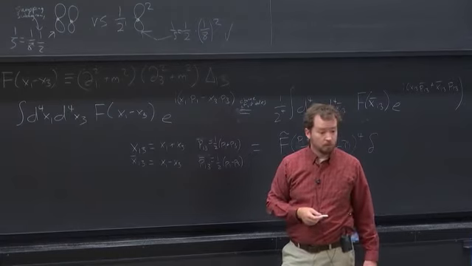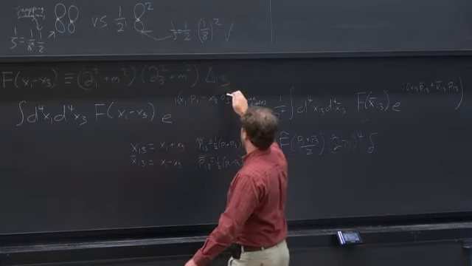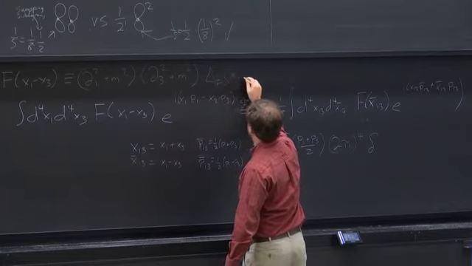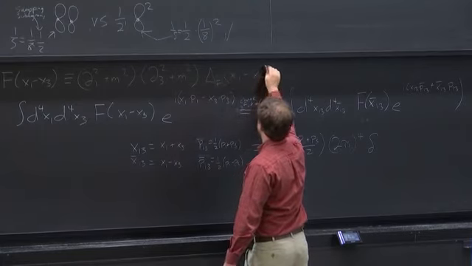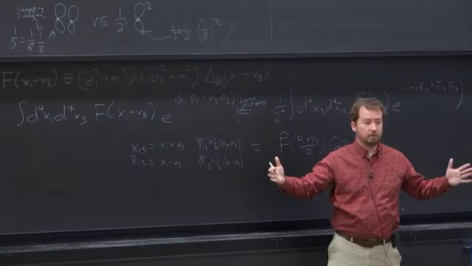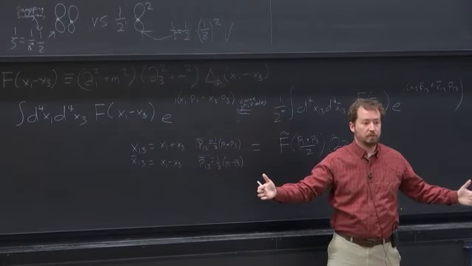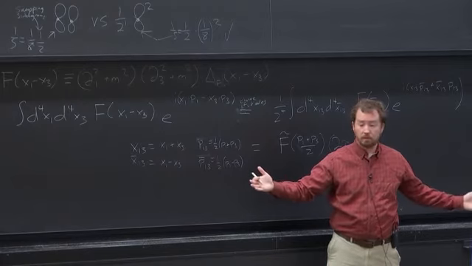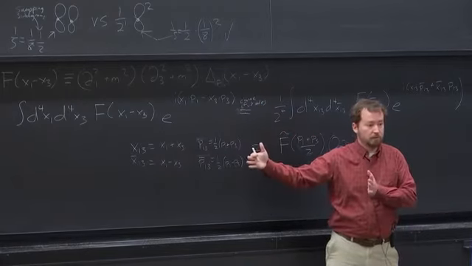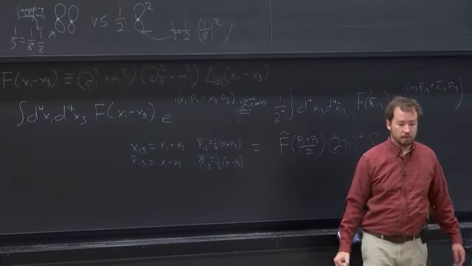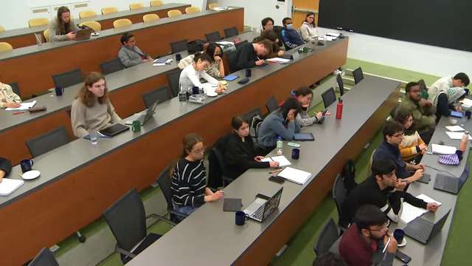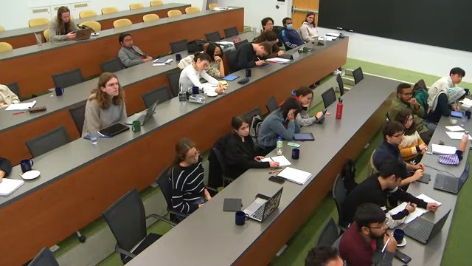No. Oh, no, this is because delta 13 depends only on the difference. The Feynman propagator depends on the difference between the spacetime points, not on the spacetime points individually. That's a consequence of translation invariance. Translate our whole system, that doesn't affect it. Why do we have the 1 over 2 to the power 4? Jacobian.